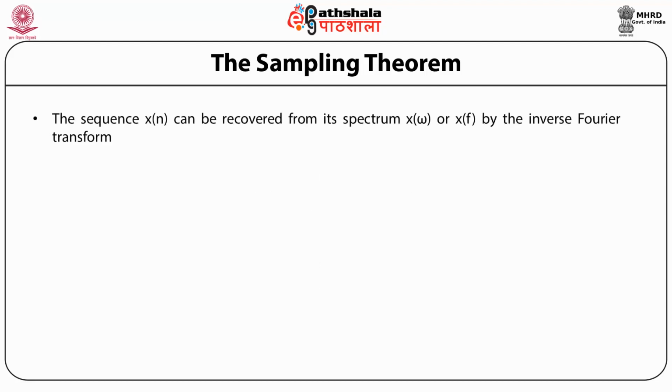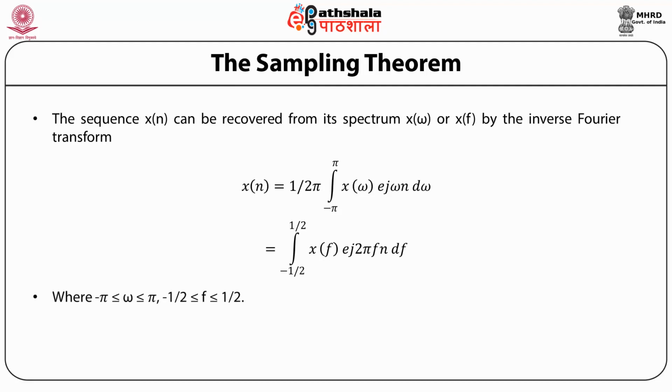So the sequence x(n) can be recovered from its spectrum X(omega) or X(f) by the inverse Fourier transform, that is x(n) equal to 1 by 2 pi multiplied by integral minus pi to pi over X(omega) exponential j omega n d omega. This is equal to integral minus half to half X(f) exponential j 2 pi f n df, where omega varies from minus pi to pi and f varies from minus half to half.